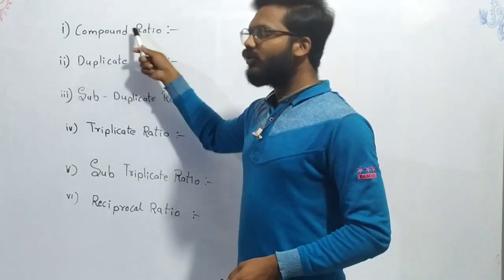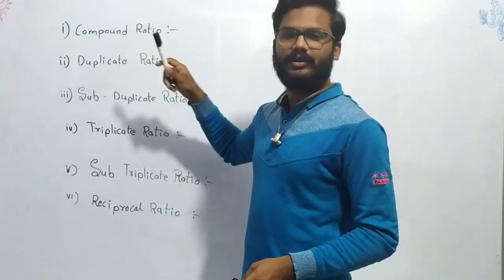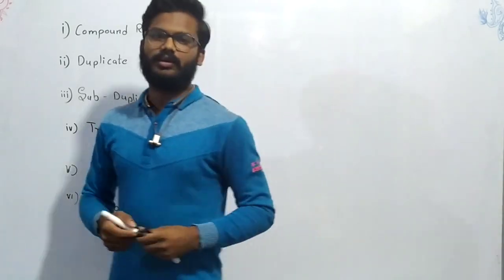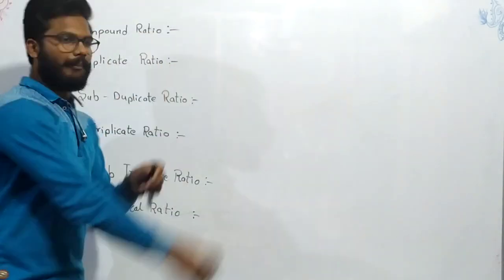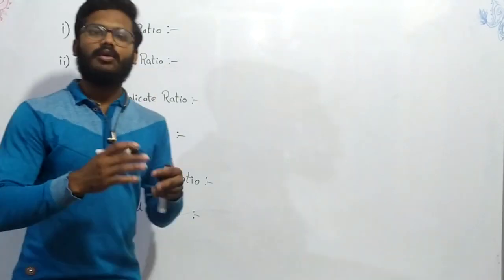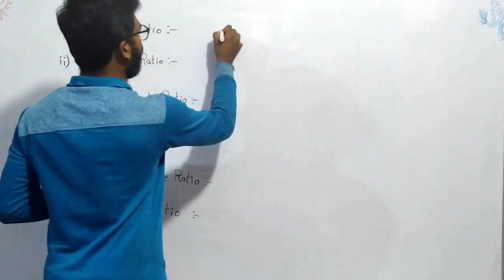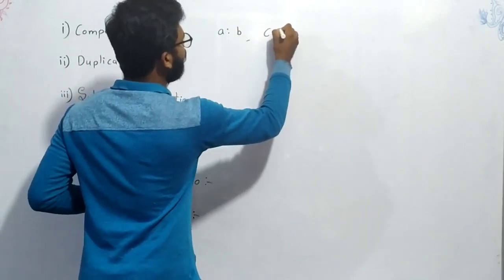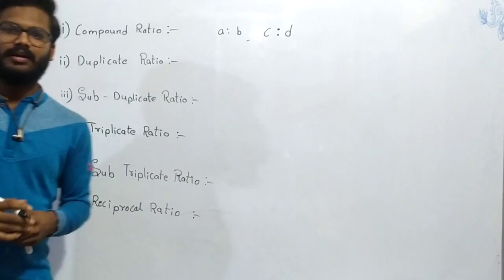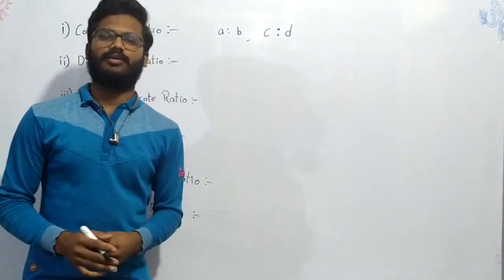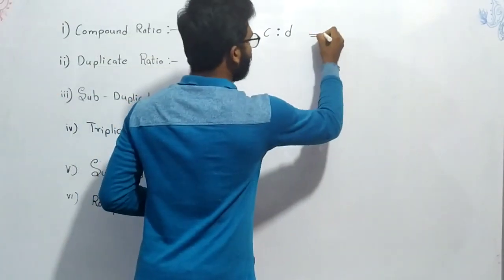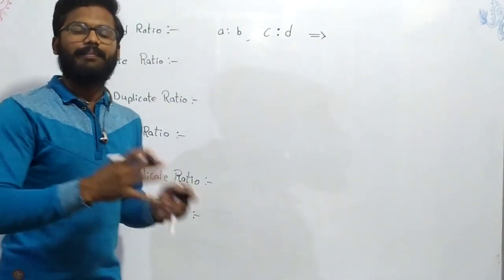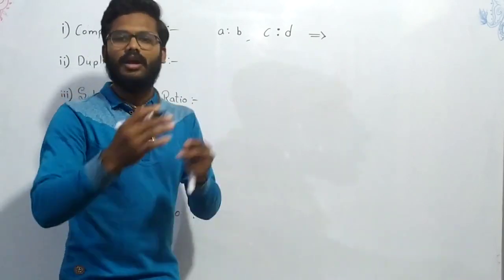First, how to find a compound ratio, duplicate ratio, subduplicate ratio, triplicate, subtriplicate and reciprocal ratio. Now, first one, compound ratio. Suppose there are two ratios, A is to B and C is to D. Then the compound ratio of these two ratios is nothing but the ratio of the product of their antecedents to the consequents.